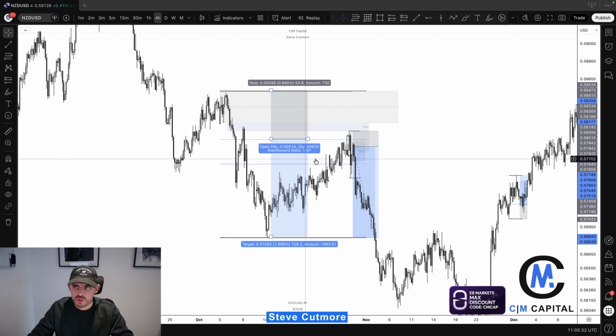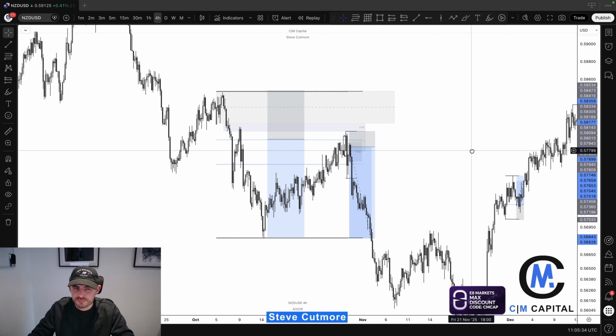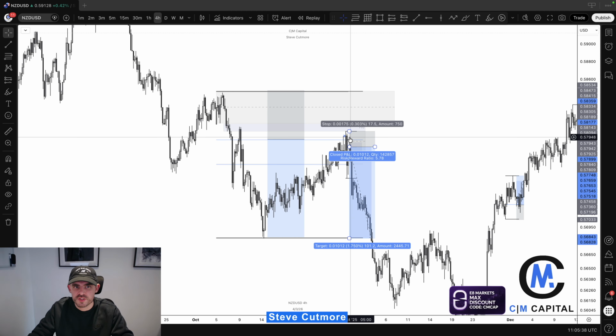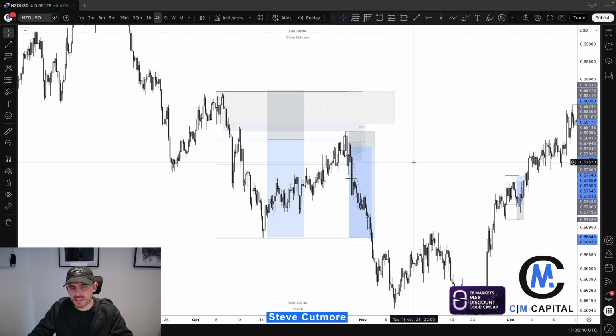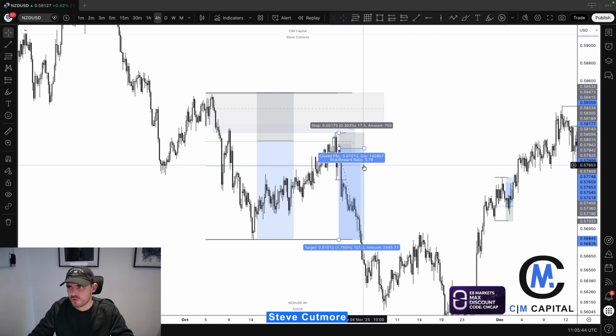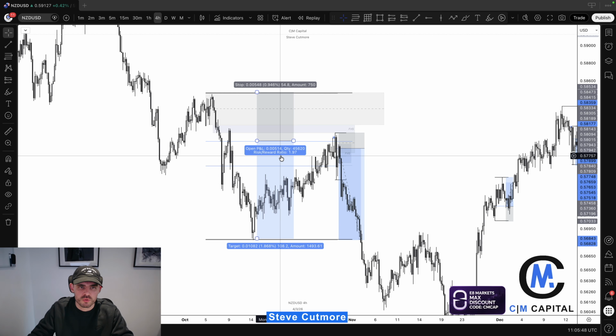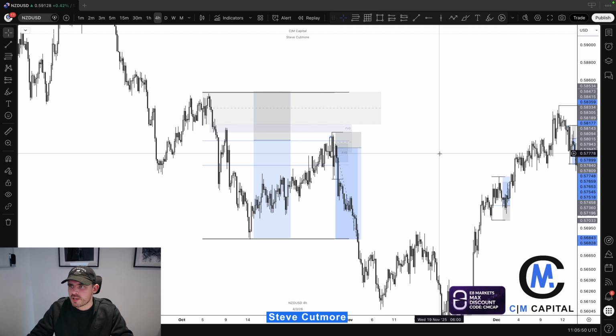We can set a swing order for the daily to play at, and then once the internal range shifts and aligns with our daily, we can enter on the lower time frame to look for that continuation to the downside, and then you would have made just under 6R on that, and then obviously your general 2R on the swing trade. So you could have made around about 8% in this one move here.